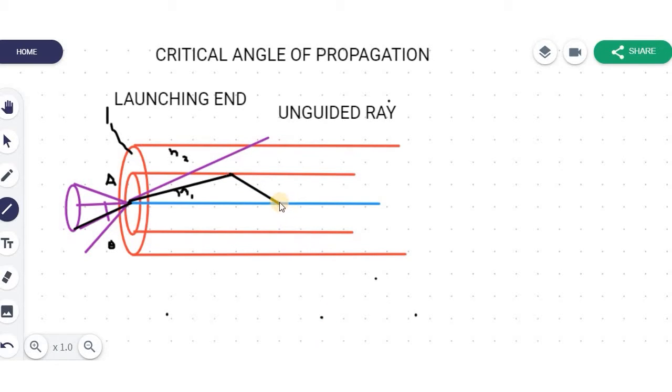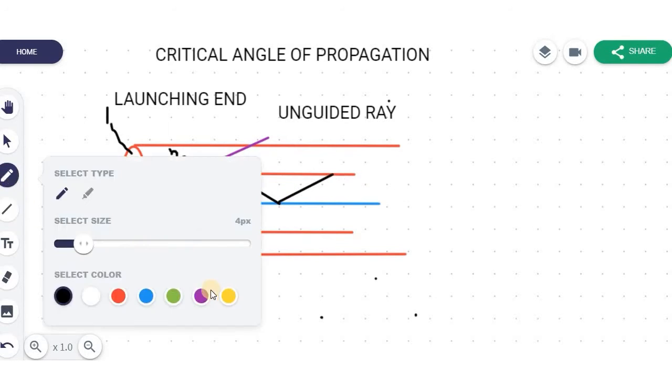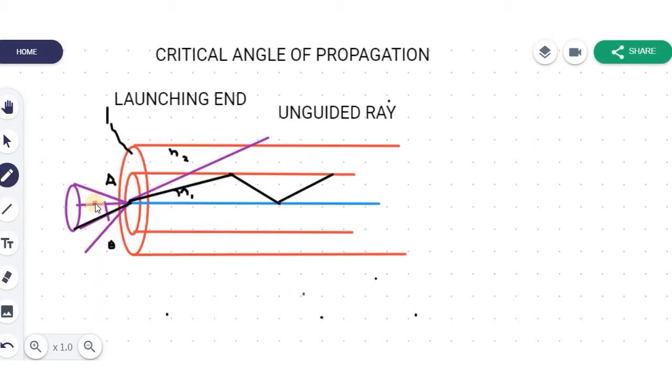This ray will get guided, and this ray is known as the guided ray. I'm not going to write it again. As usual it makes an angle theta here. It makes angle theta r, and I'll have a normal here.